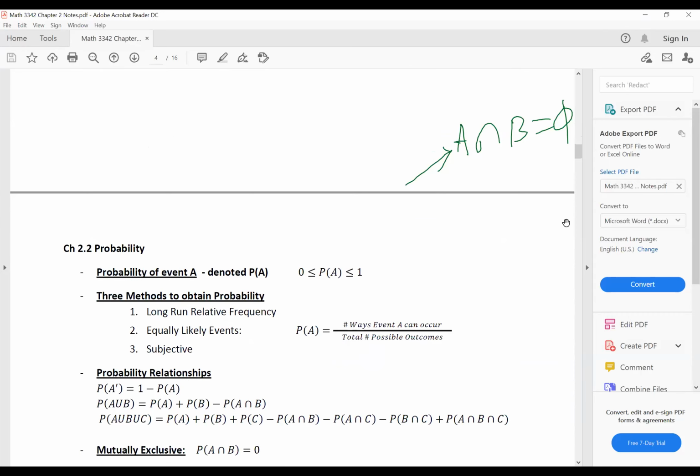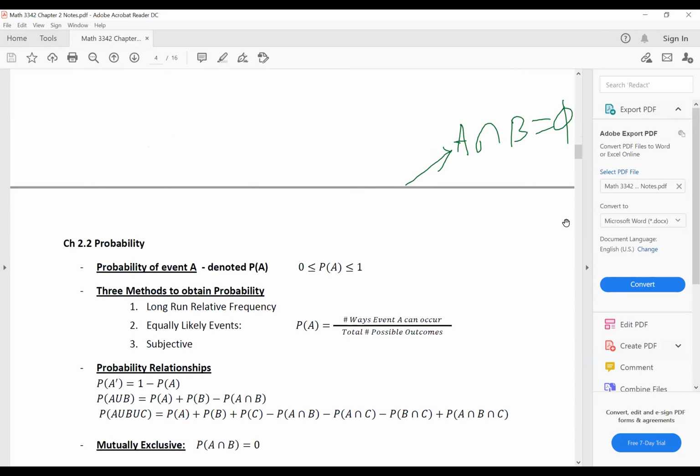Okay, the second section is about probability of different events.